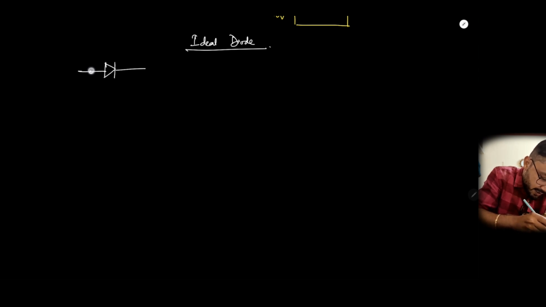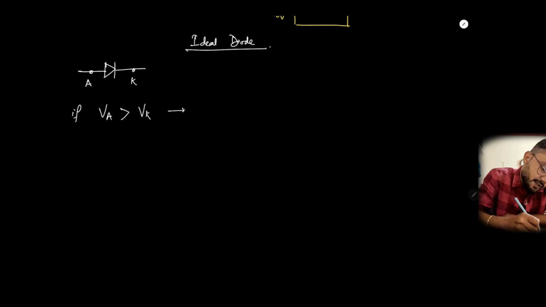So this is the diode, this side is the anode, this side is the cathode. If the voltage at the point A, that is the anode voltage, is greater than the cathode voltage, then only will the diode allow the current to pass.